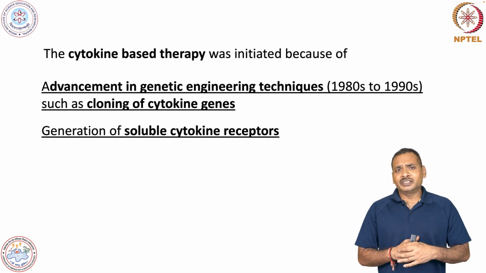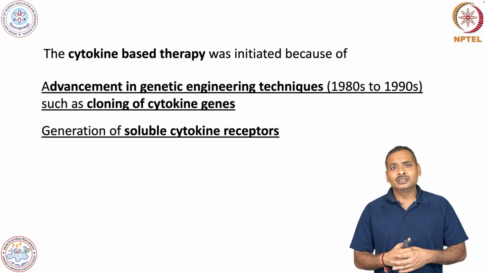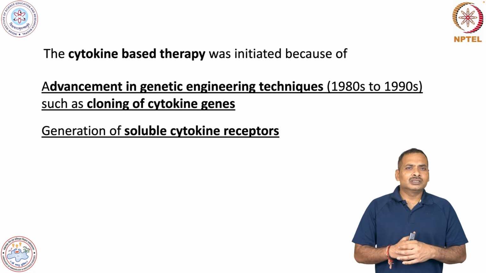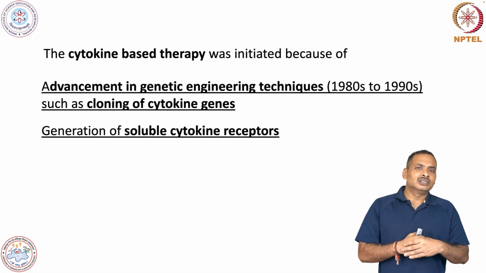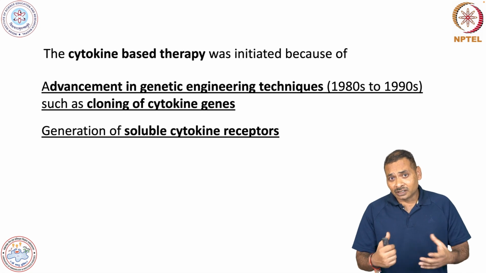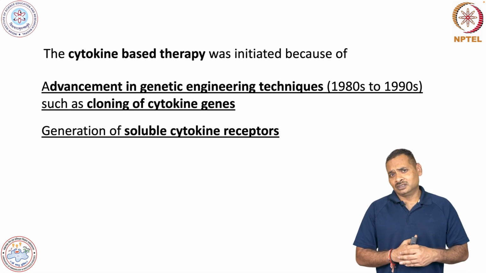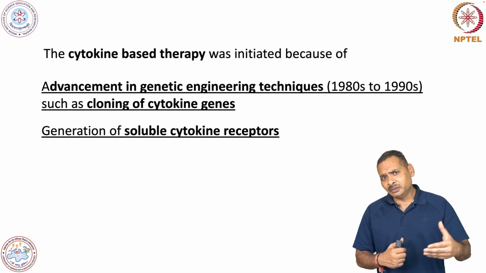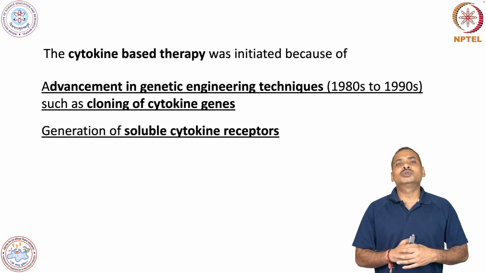People started making soluble cytokines and soluble cytokine receptors. Probably you might be aware that there are fields like biophysical chemistry or biophysical biotechnology, where the aim is to make the protein soluble.